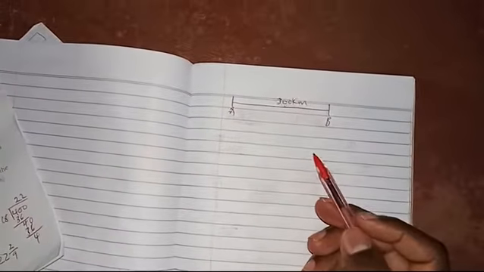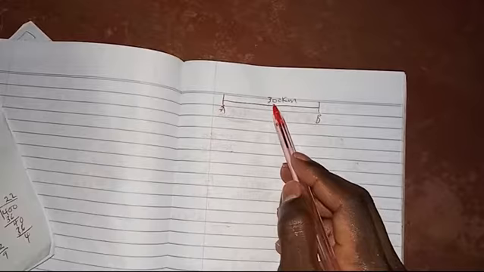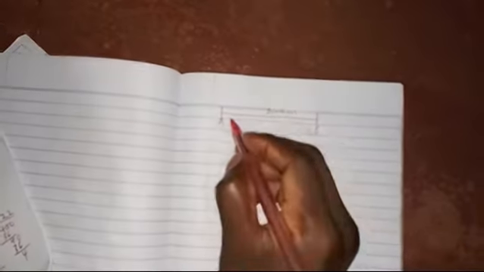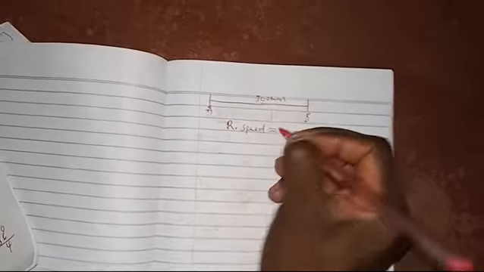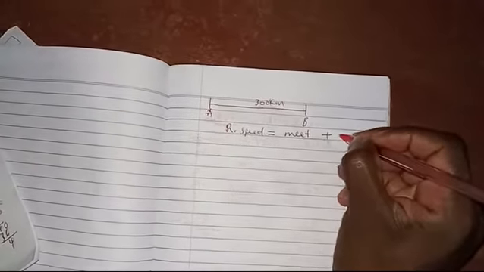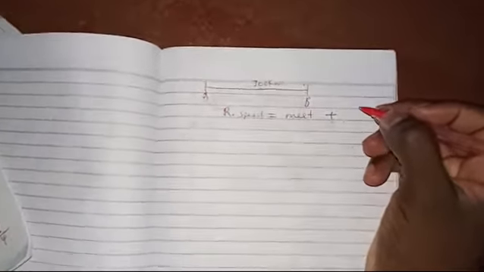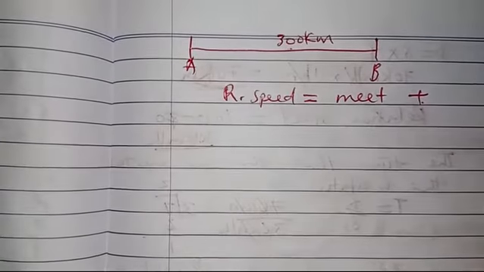What do you normally do? We've said that the relative speed of two vehicles that were to meet, you take the sum.